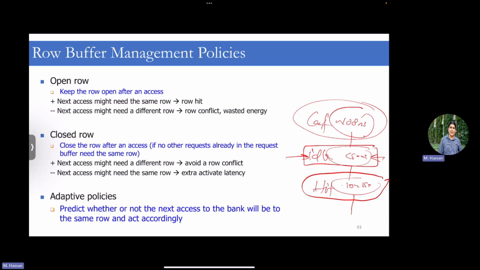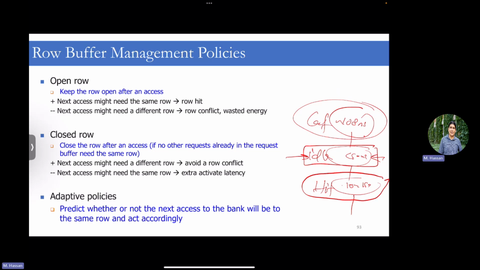If the number of hits falls below a certain threshold, they say it's bad locality, and then you switch to closed page. They do it in a window-based format, which is dynamic and in fact pretty good. Are we good? So this is what we call a page management policy. Again, who is doing this? It's the memory controller as well. DRAM doesn't do any of this intelligence.